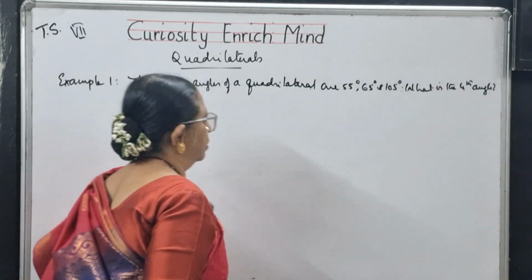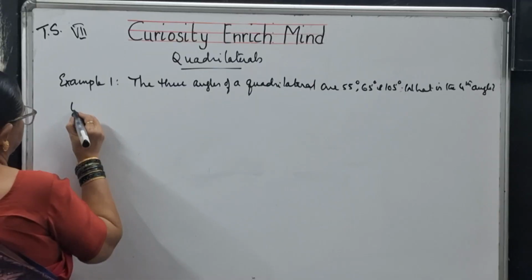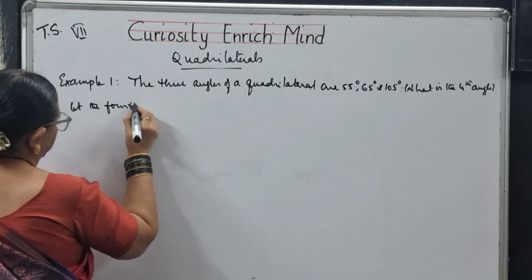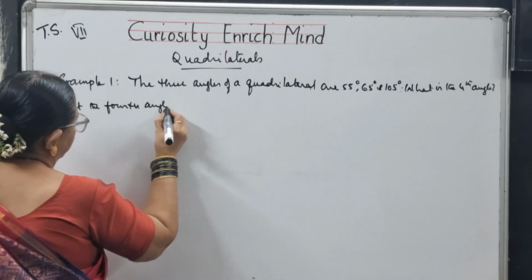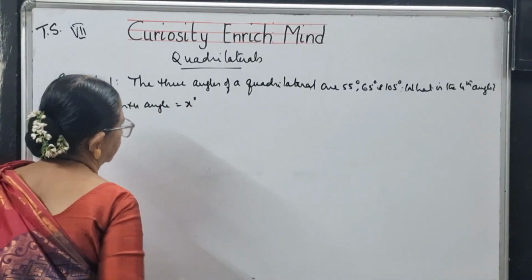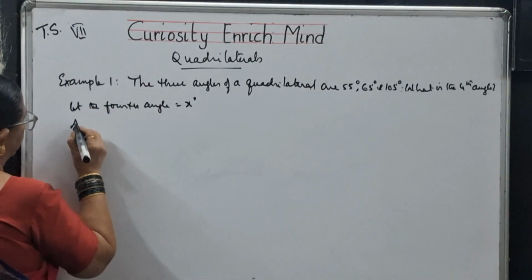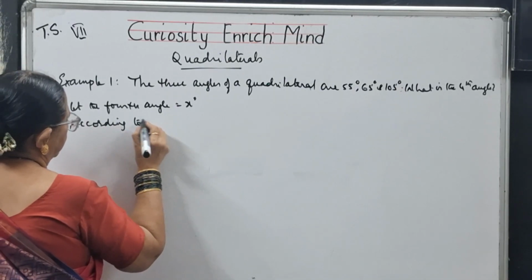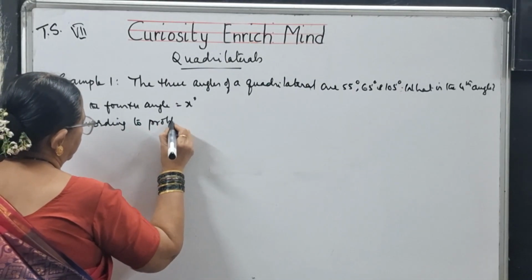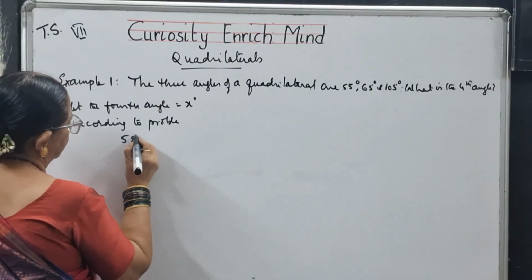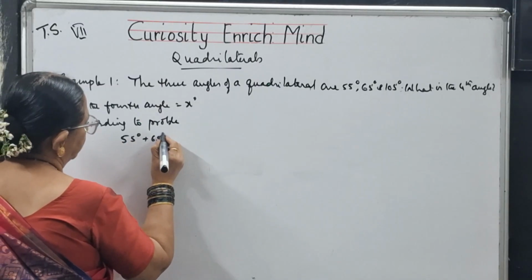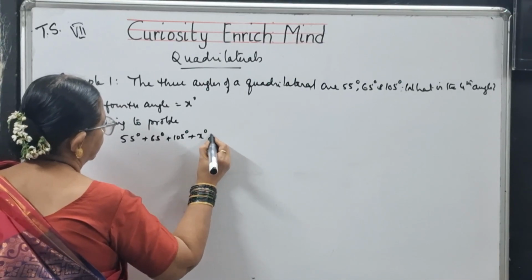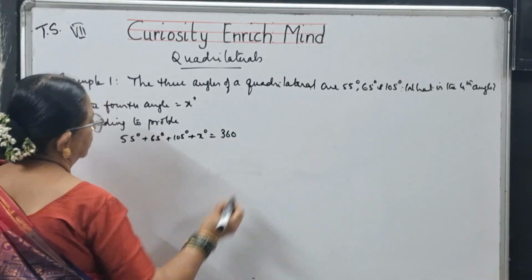This is the question. Let the fourth angle be x degrees. According to the problem, 55 degrees plus 65 degrees plus 105 degrees plus x degrees is equal to 360.